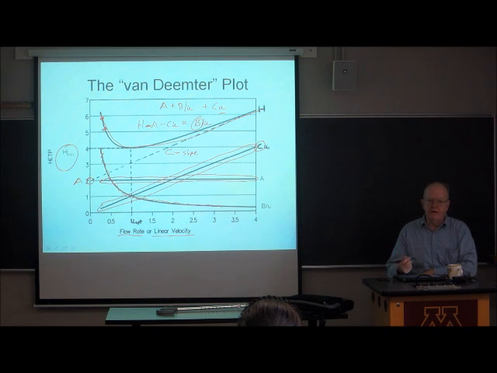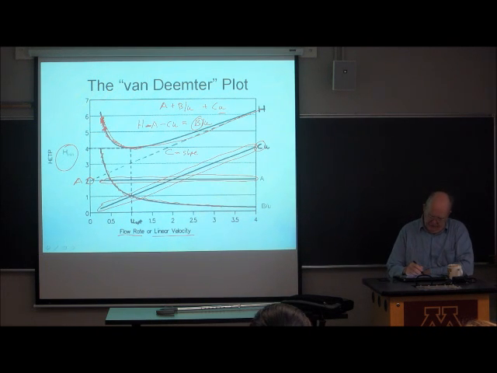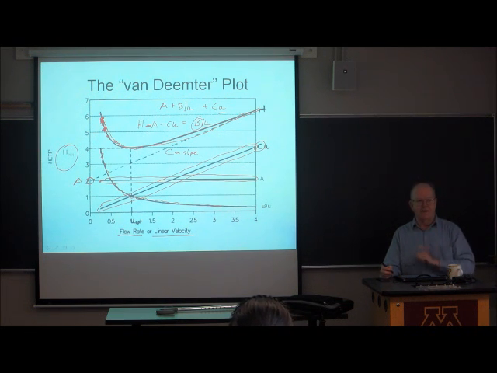If we start at really low velocity, say way out here, and we make the velocity bigger and bigger, the H gets smaller and smaller, goes through a minimum, and then as we continue to increase the velocity or the flow rate even more, it swings up and eventually becomes a straight line. The reason the minimum H is important is that it will give you the maximum value of N that you can get on that column.